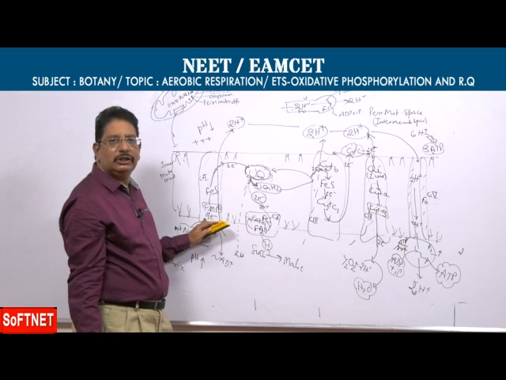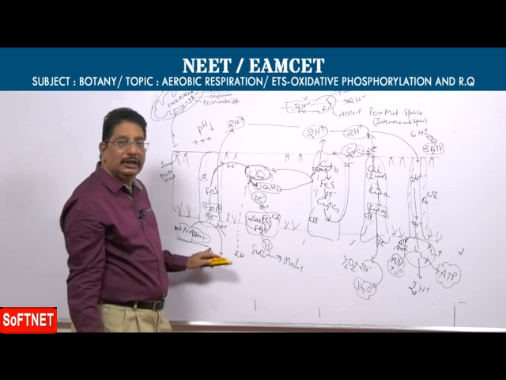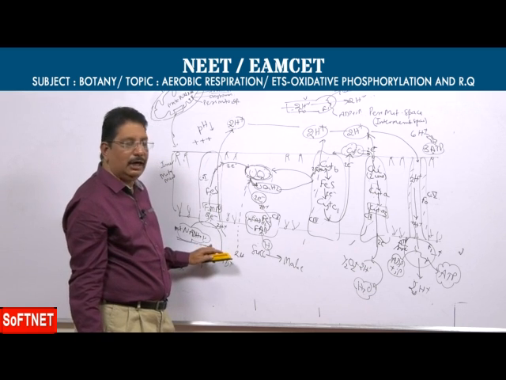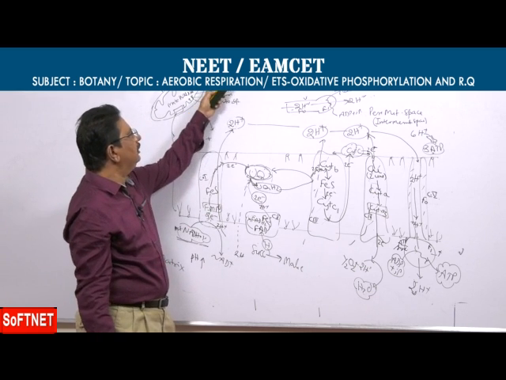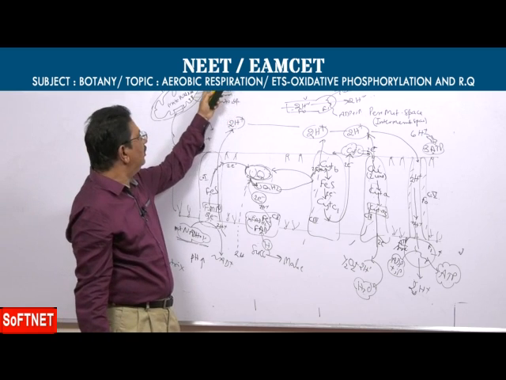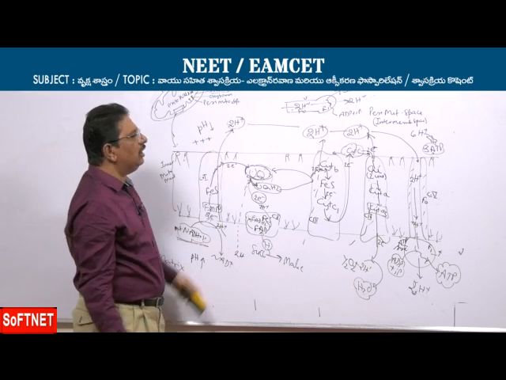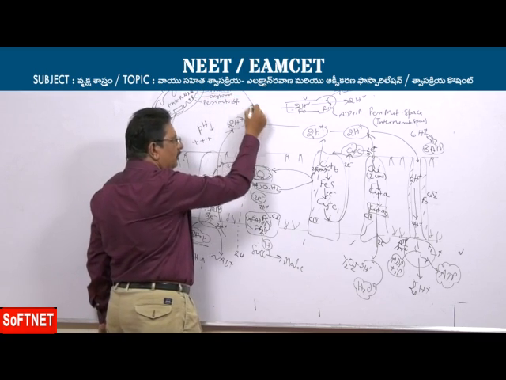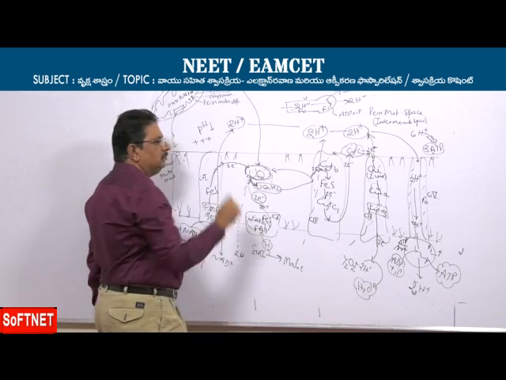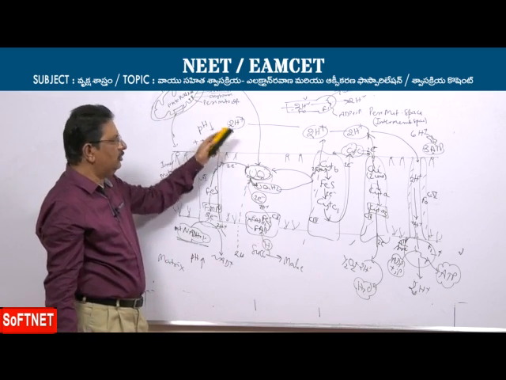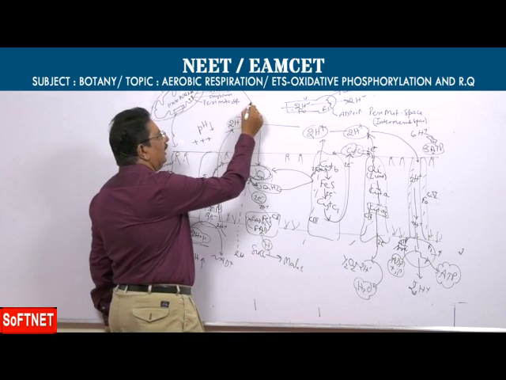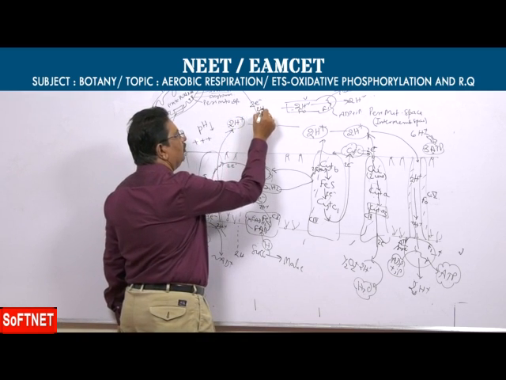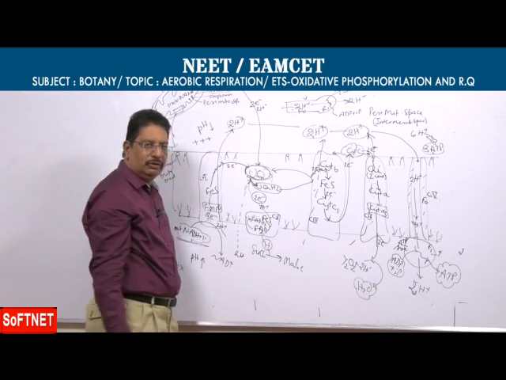First complex is involved in oxidation of mitochondrial NADH. Apart from these two, there is cytosol NADH. So, it is also going to be oxidized after entering into the mitochondria and transfers its electrons and protons to ubiquinone.